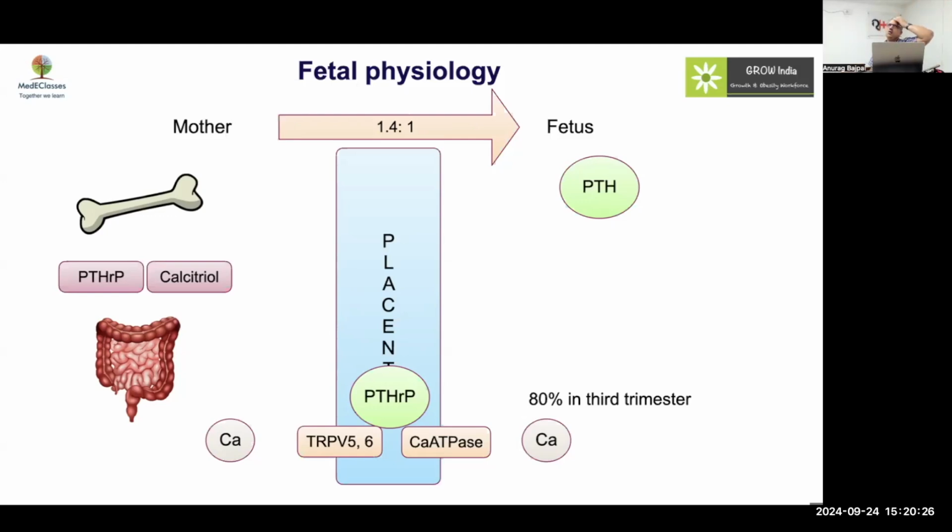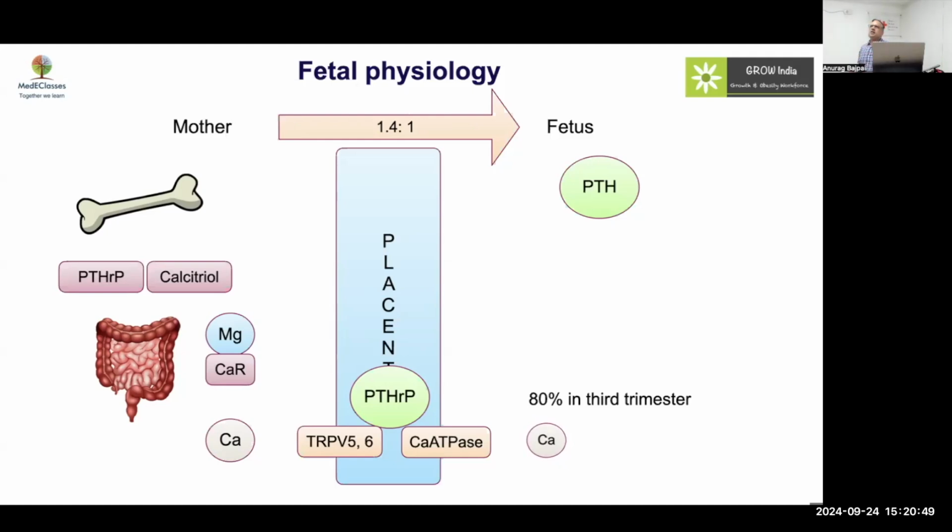If you talk about a scenario of maternal hypoparathyroidism or hypocalcemia, the baby will present with hypercalcemia. So this PTH is not getting regulated in a way, but it is automatically getting regulated in the fetus in that regard.